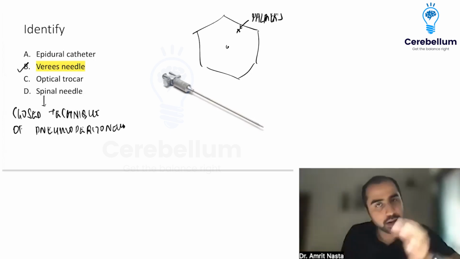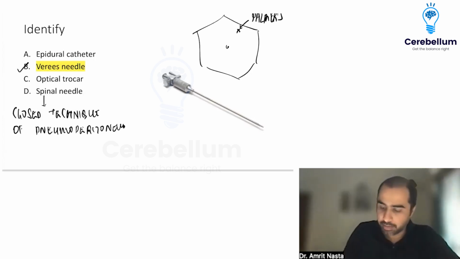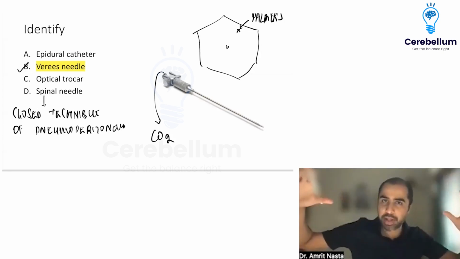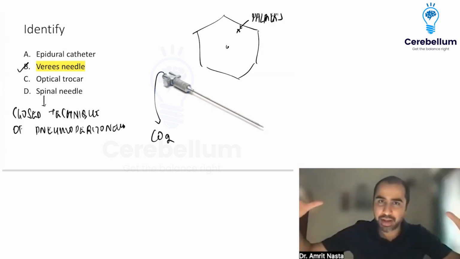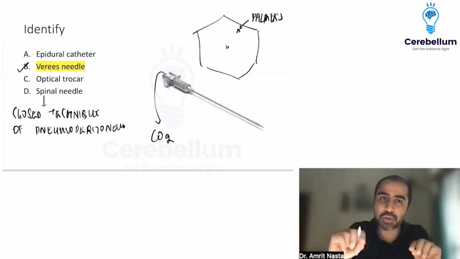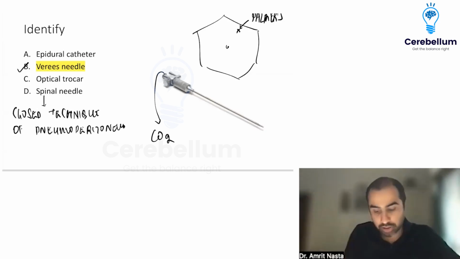So I put the Veress needle, then I attach CO2. It will go in the abdomen and the abdomen will distend. And when the abdomen distends and CO2 gets filled in it, then I put my instruments, I put my ports and I do the surgery. So this is called as closed technique of pneumoperitoneum, right?